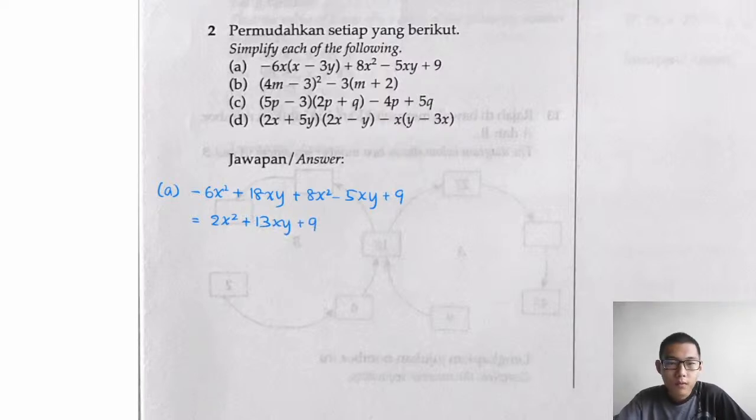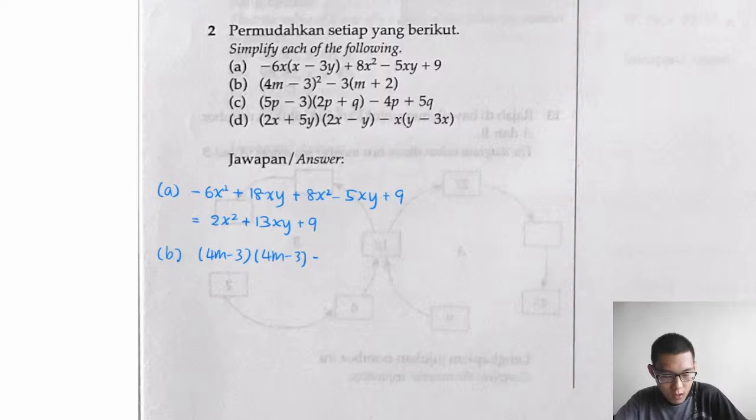Done. Okay, and then the B. We have (4m minus 3) to the power of 2, so we have 2 times minus 3. This one you can try to expand first. 3m, plus 2 becomes minus 6, because negative here and here.